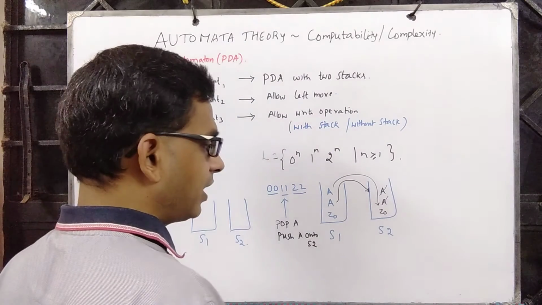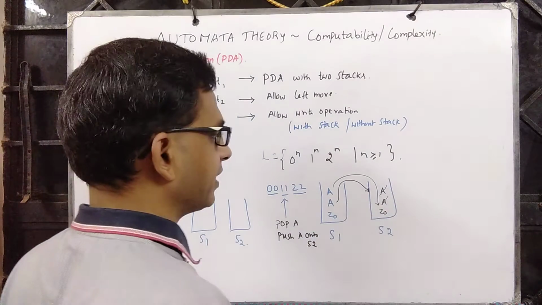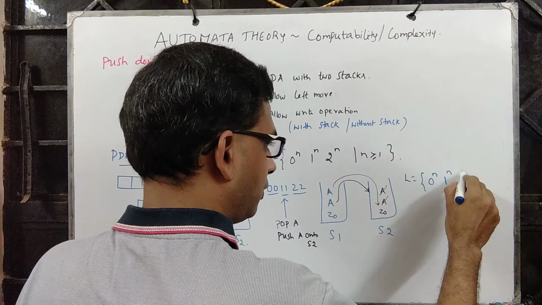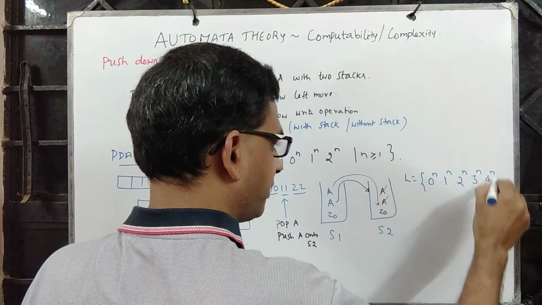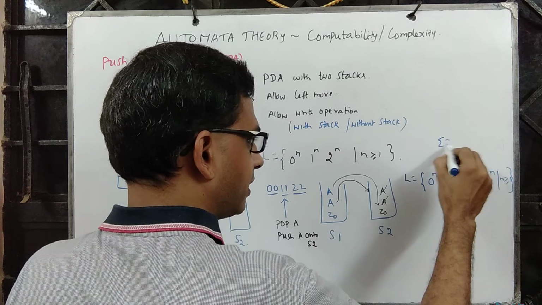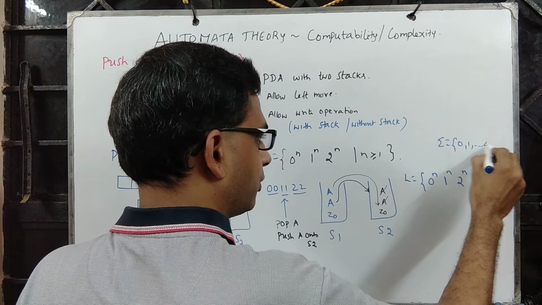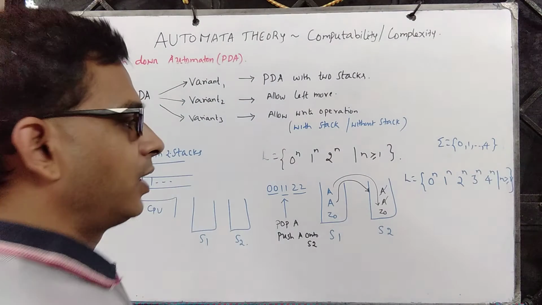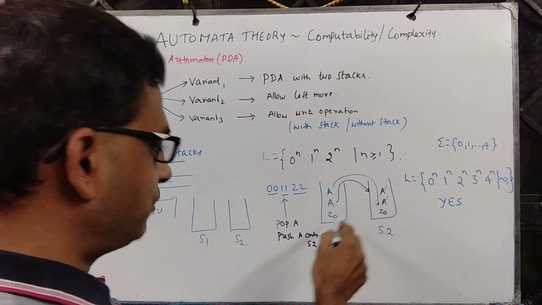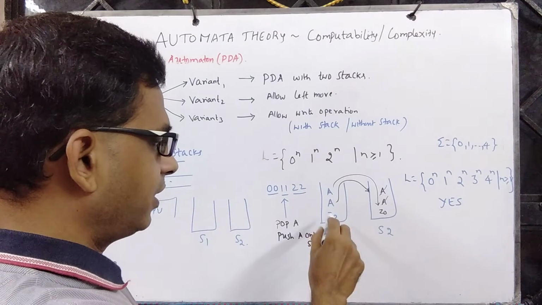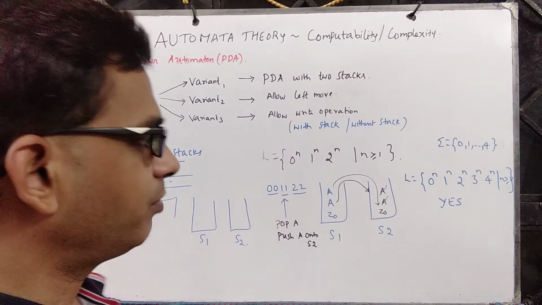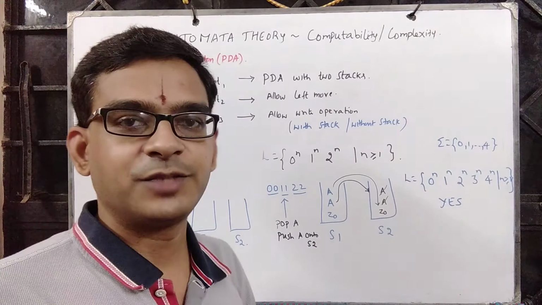Now an interesting question, can I extend this further? For example, 0 power n, 1 power n, 2 power n, 3 power n, 4 power n, where n greater than or equal to 1, and sigma as these input symbols 0, 1, 2 up to 4. Answer is yes. So when you pop this, this would be empty, push it again. When you pop this, this would be empty, push it again. So you can keep track of any number of input symbols as part of the string.